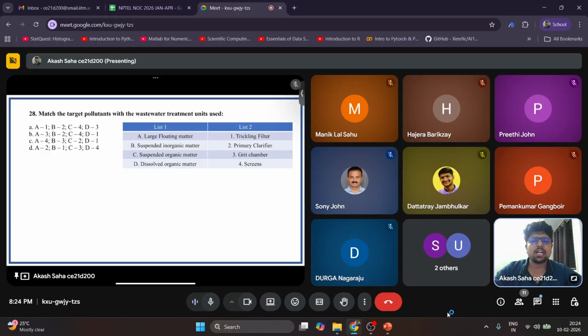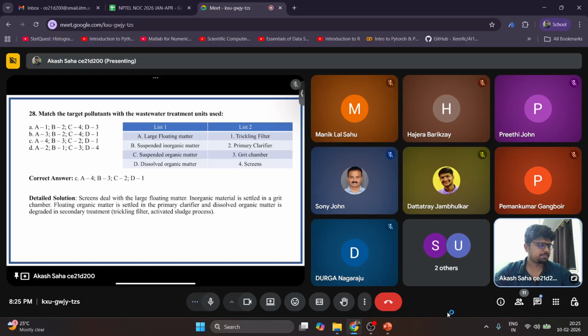Any large floating matter will be removed by the screens. Suspended inorganic matter, like sandy particles or silt, will be removed by the grit chamber. Suspended organic particles are removed by the primary clarifier. Dissolved organic matter can be removed by a trickling filter or the activated sludge process. So option C is correct.